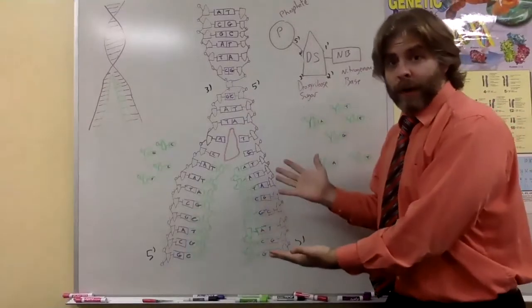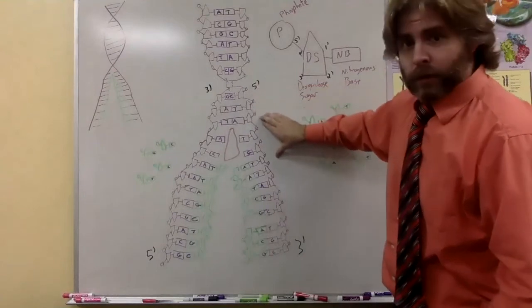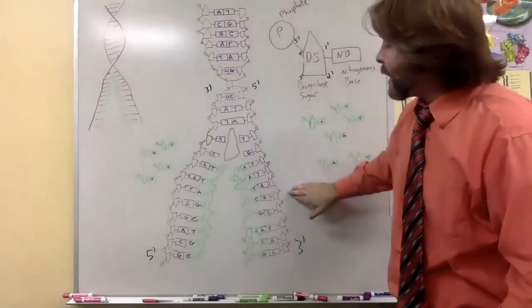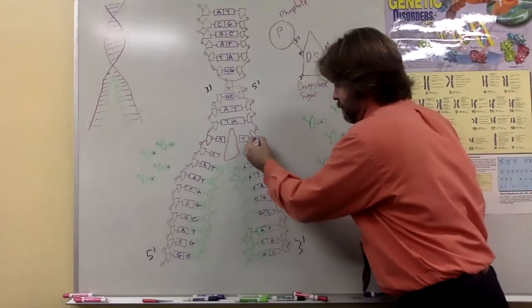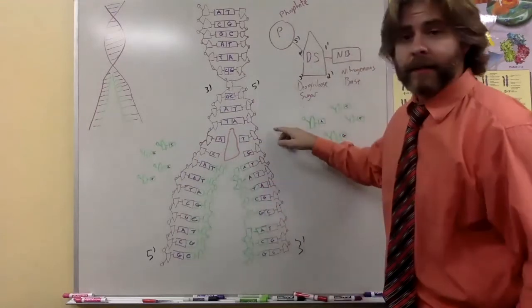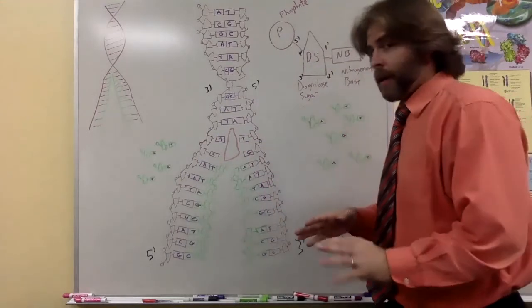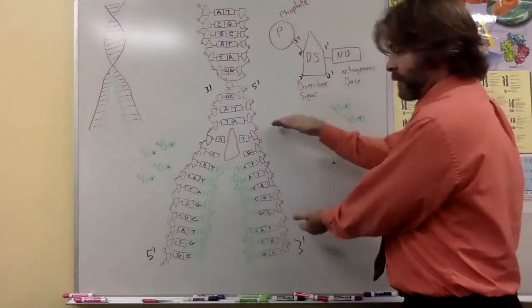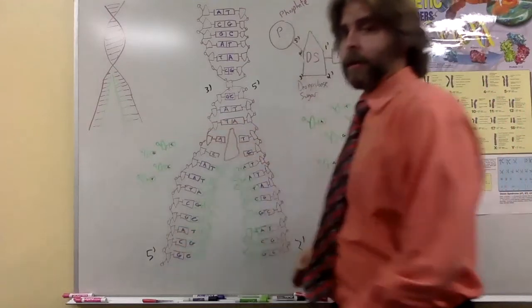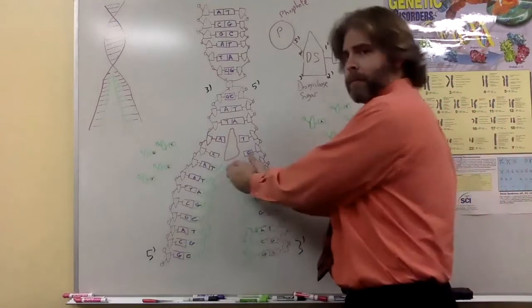And that's what I showed you right here. The original strand is still intact because the phosphates and the sugars would not let go of each other. That's the semi-conservative. This side was conserved, this side was conserved, but it's only semi-conserved because we broke it here.